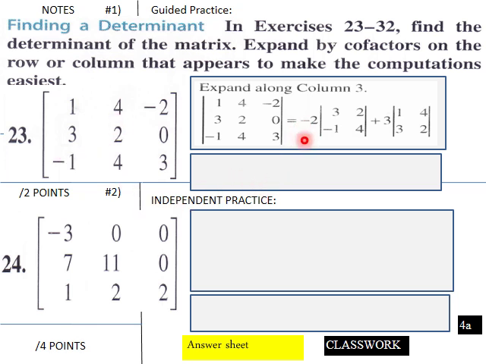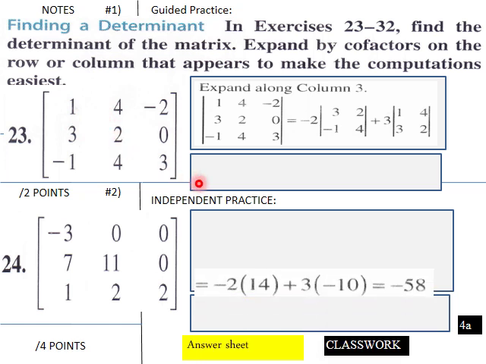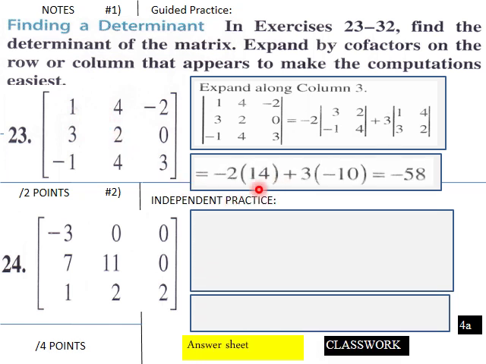And then this will equal negative 2 times 3, 2, and then negative 1, 4. So we'll block this out, plus 3 times 1, 4, and then 3, 2 up here as well. And once we do that, we have negative 2 times 14.